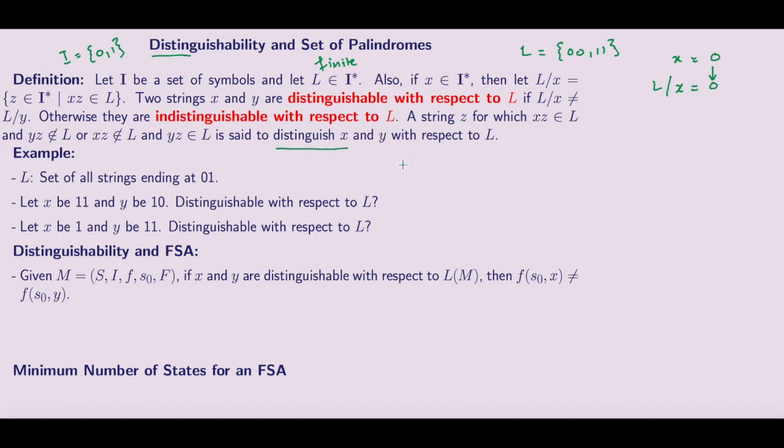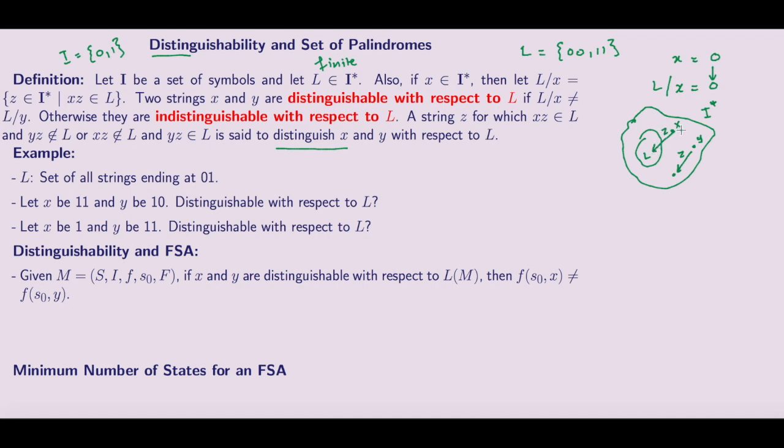Okay, so in other words, let's demonstrate it using a picture. So let's say this is my I star, and this is my L. Let's say this is my x and this is my y. If I concatenate y with z, let's say I reach here, and if I concatenate x with z, I reach here.